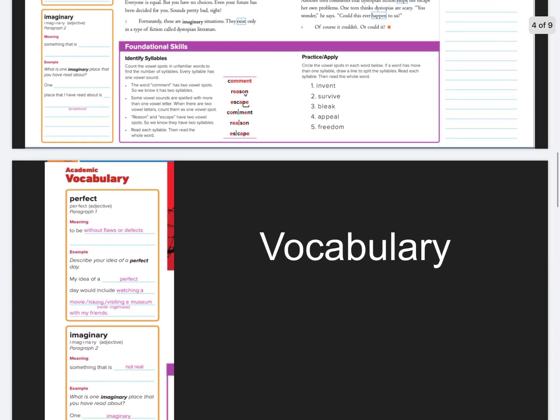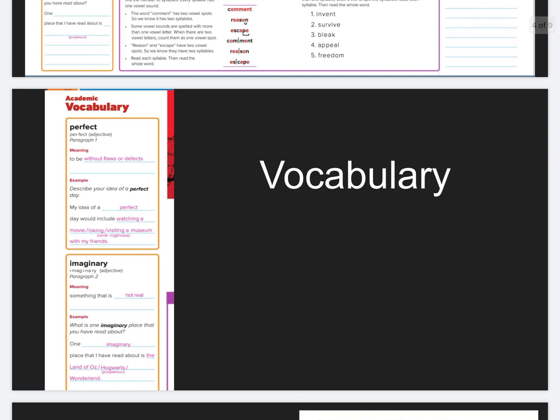So I'm going to just swipe here now to our answers so you can fill that in. The example says, describe your idea of a perfect day. And they give you some examples here. My idea of a perfect day would include spending time with my kids outside. Make sure as you're finishing that sentence that you put that punctuation at the end.